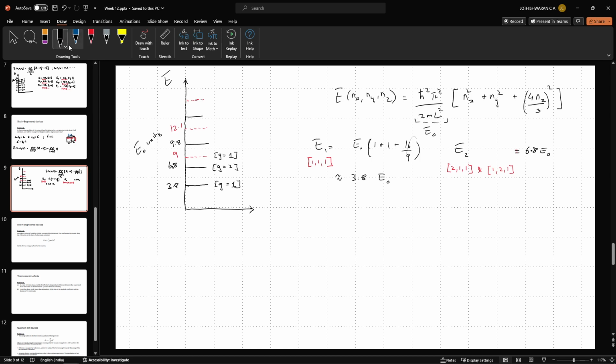So I have E1, E2, E3, E4, and then what we will have are E2 prime, E3 prime, E4 prime, and so on. So this is what we mean by formation of subbands.